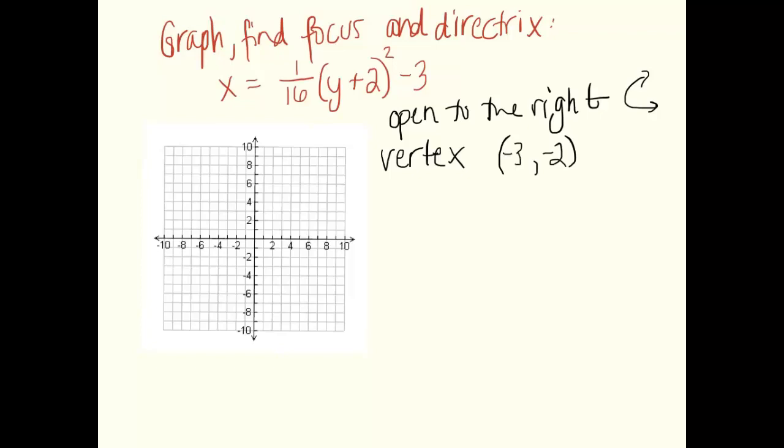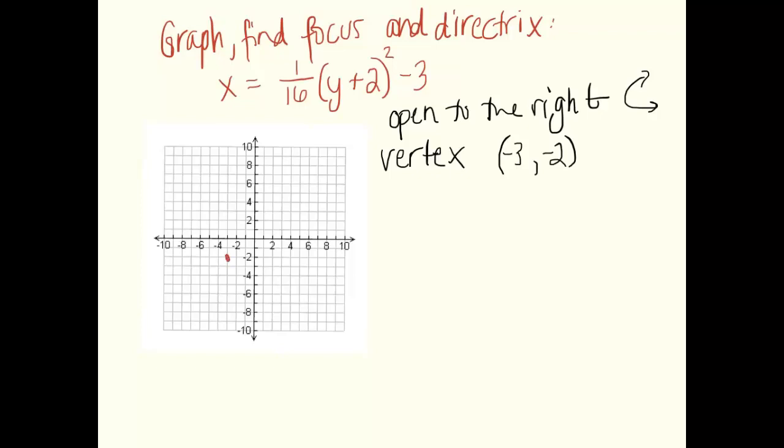If you plug in -2 for y, we get 0 times 1/16, and then x is just equal to -3. So that's the point -3, -2. That is our vertex here. We have to be very careful when the x's and y's are switched.